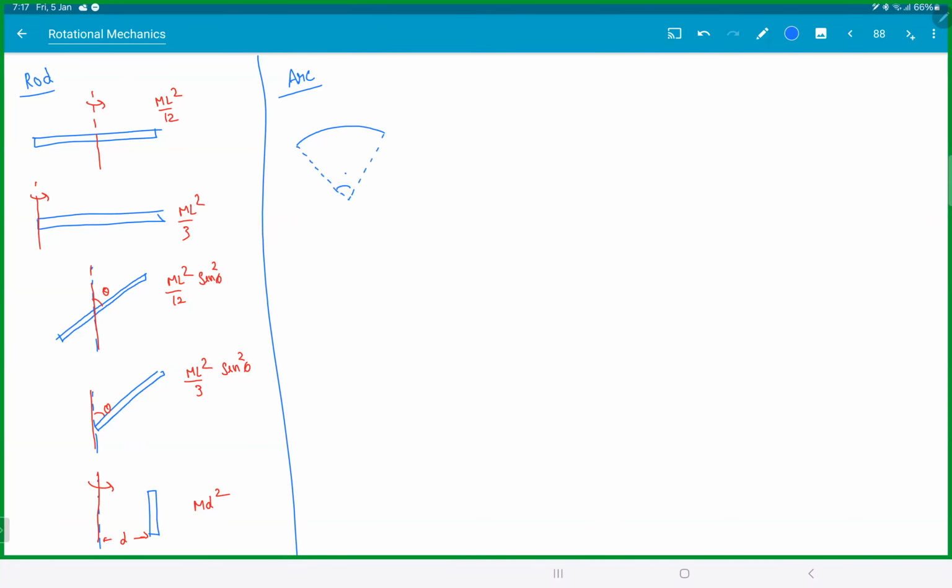So for an arc, theta, mass m, radius r, ring, hollow cylinder, for all of them the result is mr square.